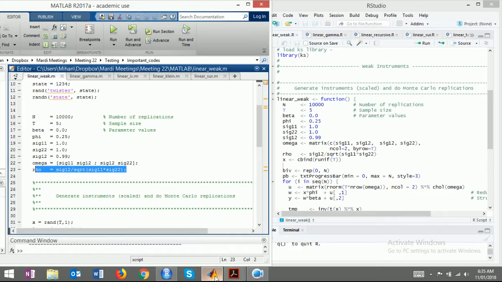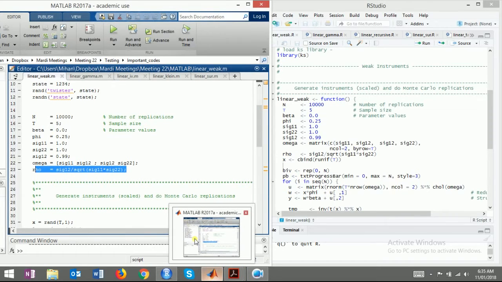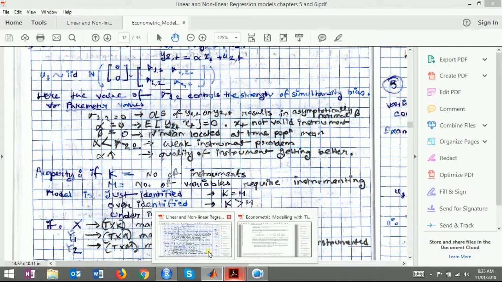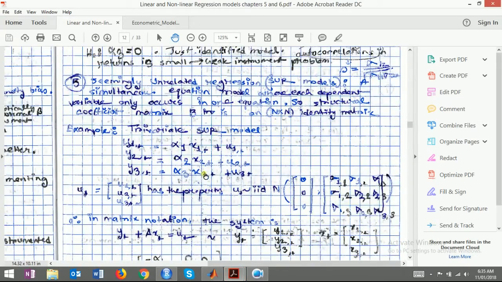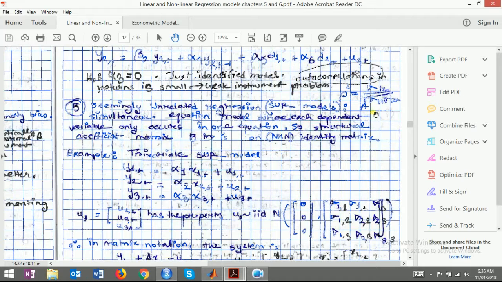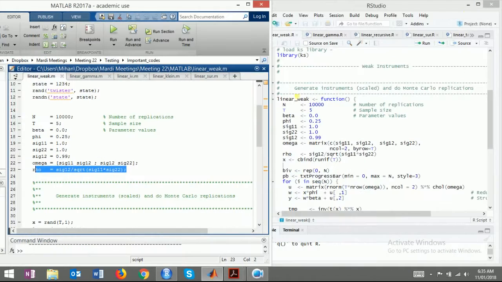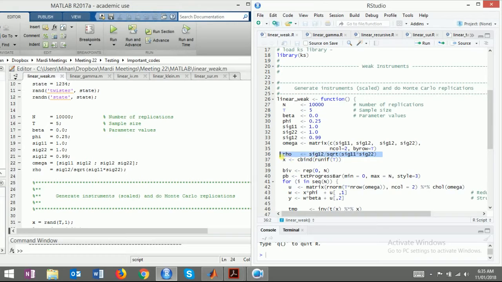We already know this equation too, but let me still show you that. Rho equals sigma 12 divided by the square root of sigma 1 squared multiplied by sigma 2 squared. Rho is simple, we don't need a matrix here.